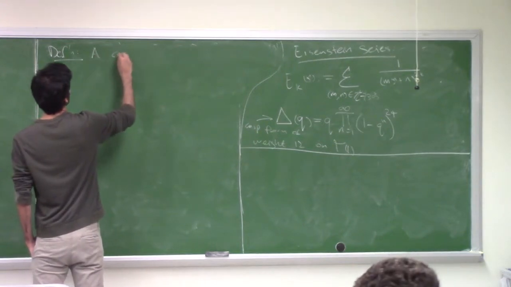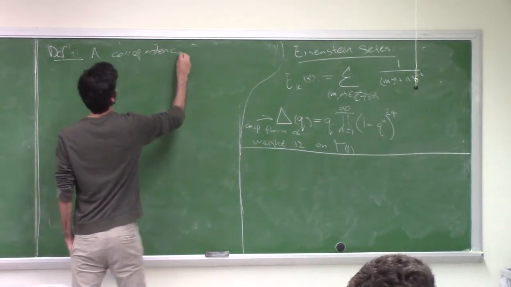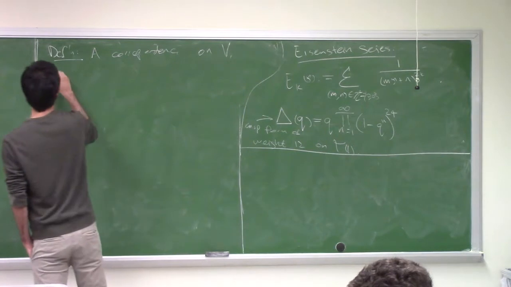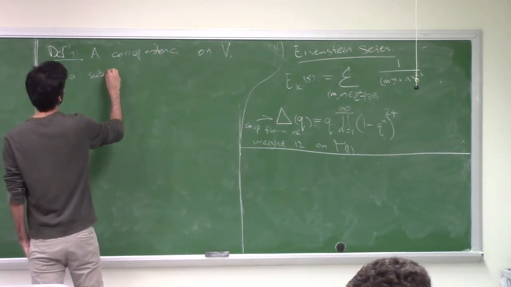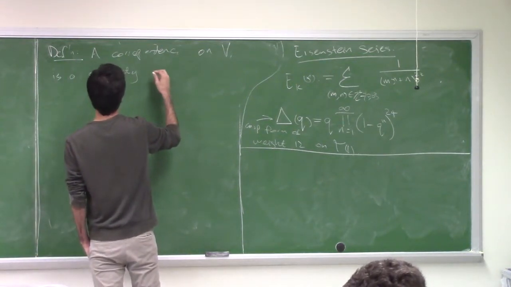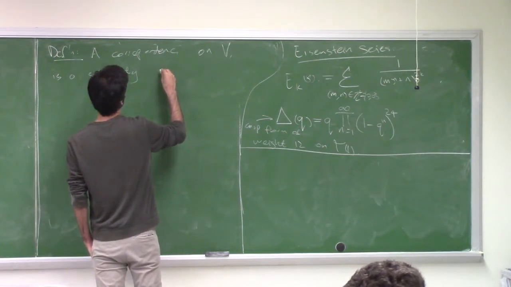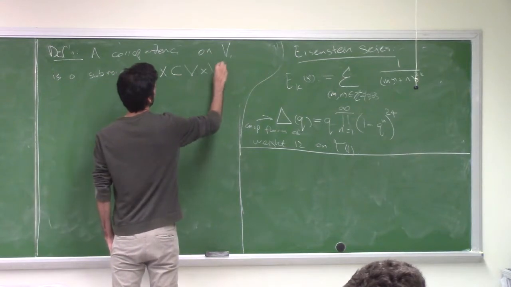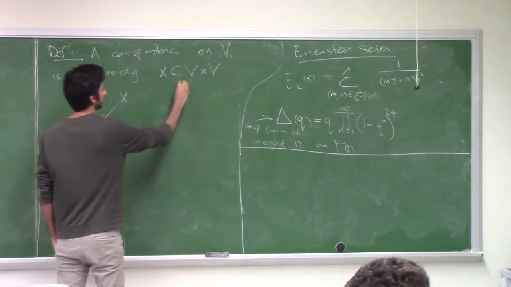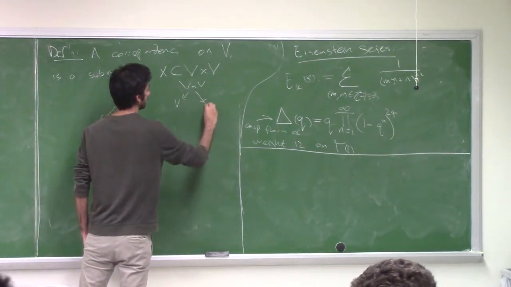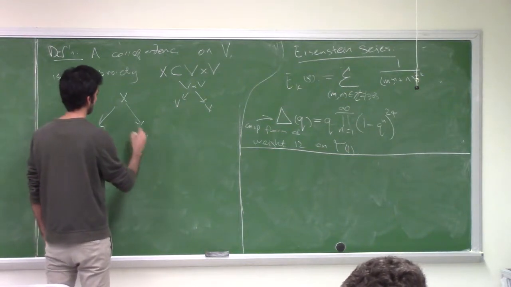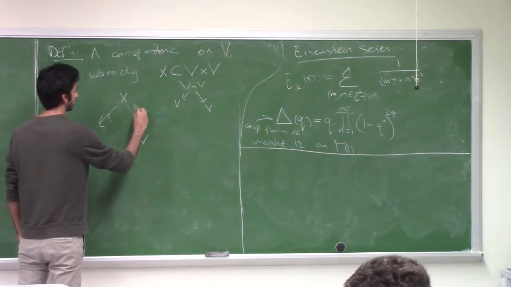A correspondence on V, any variety, is a subvariety, or really an algebraic cycle in, let's say it's X contained in V cross V. So then, from V cross V, you have the obvious maps to V and V, and restricted to X, they give you two maps to V and V, and this then gives you a correspondence by pull back and push forward.